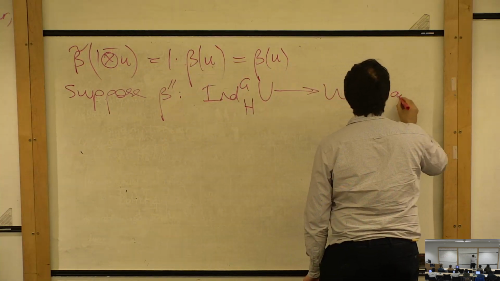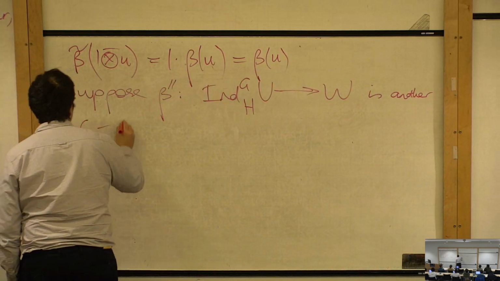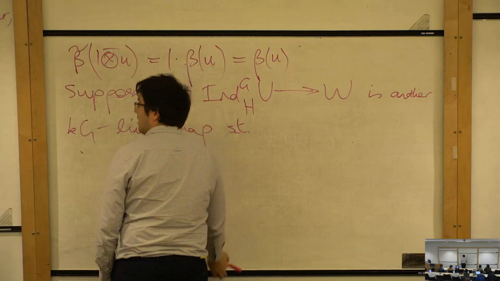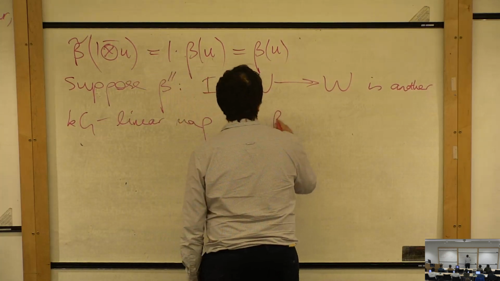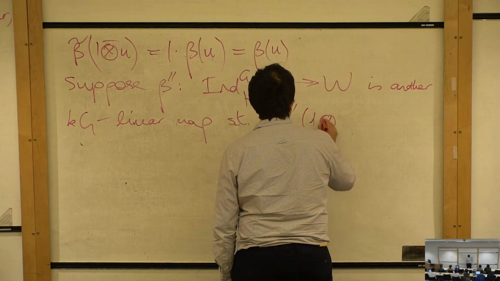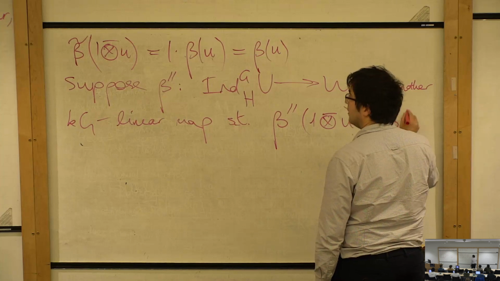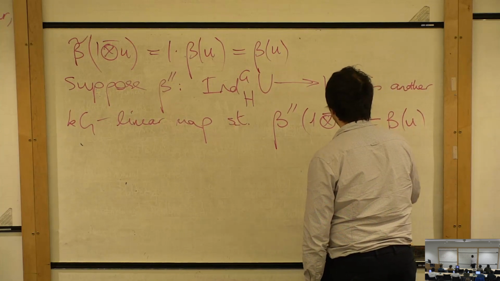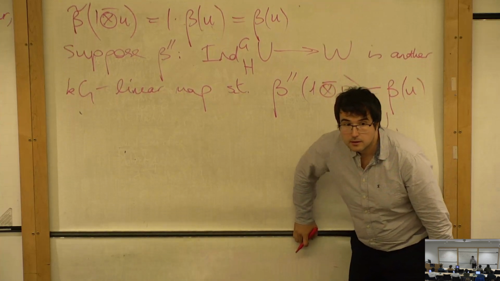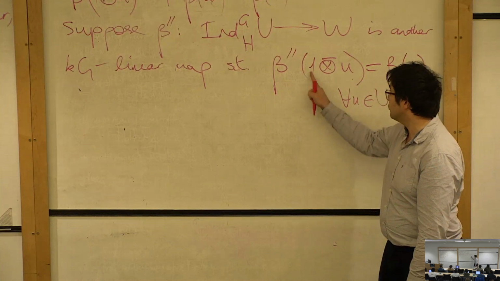It's another KG-module morphism, making the diagonal commute: beta double dash of 1 tensor bar u is equal to beta of u, for all u in U. I claim that beta double dash is equal to beta tilde, and that's because it's linear, and it agrees on the generators.